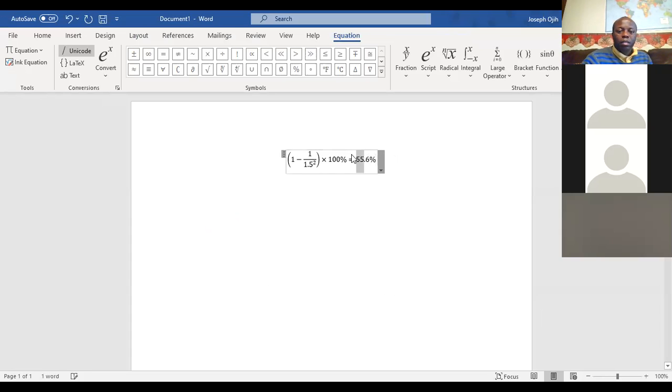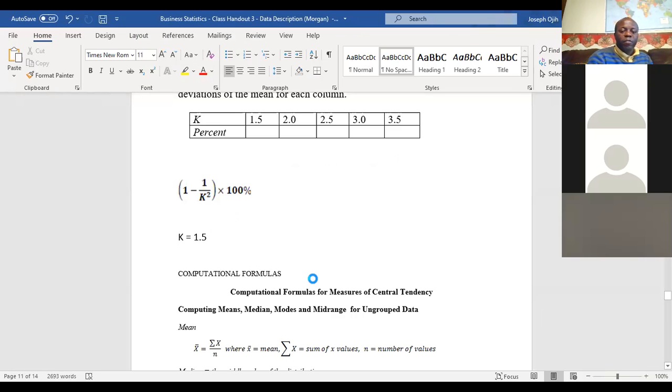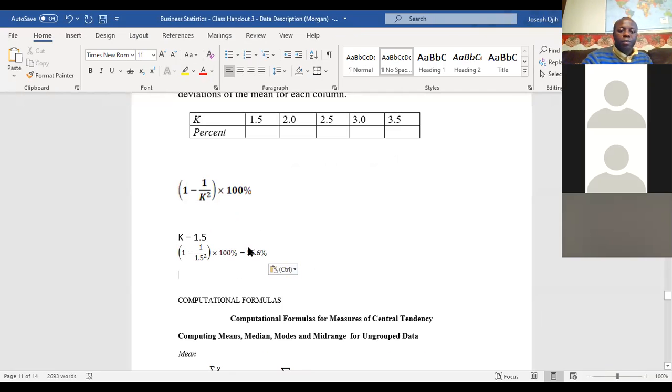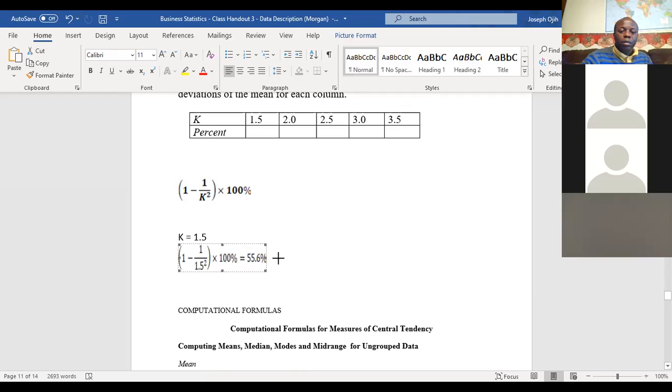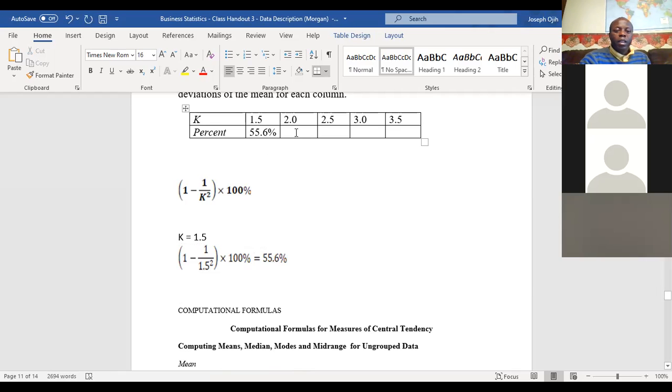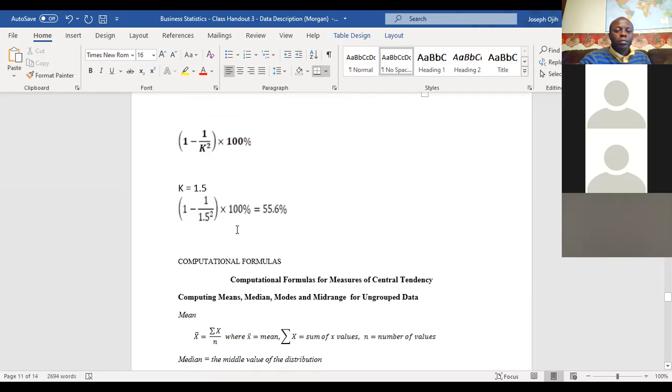I'm going to copy this so you can see it in a bigger form in our main workbook. So for K equals 1.5, it is 55.6%.